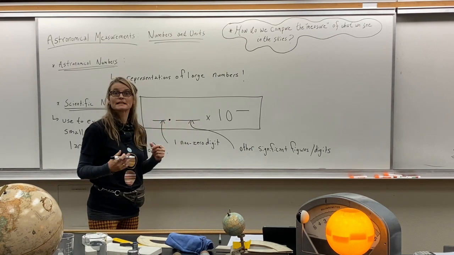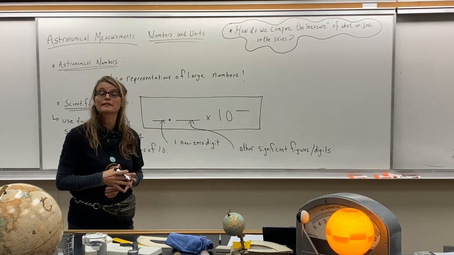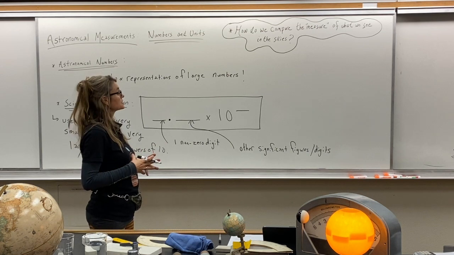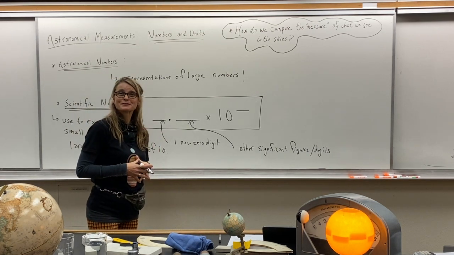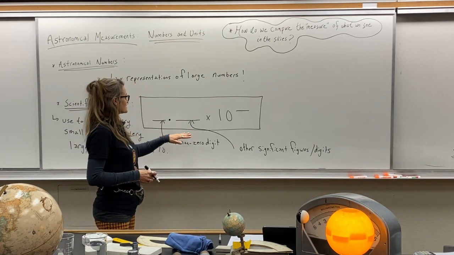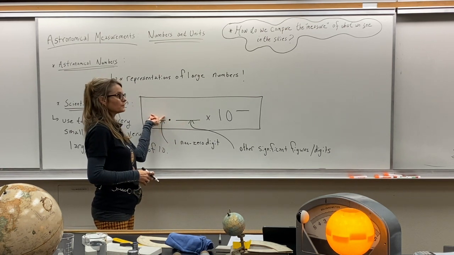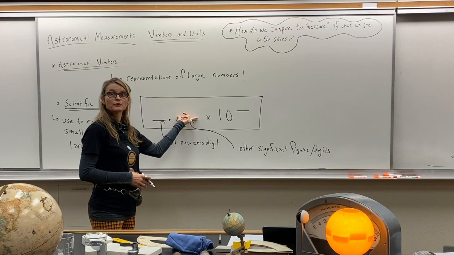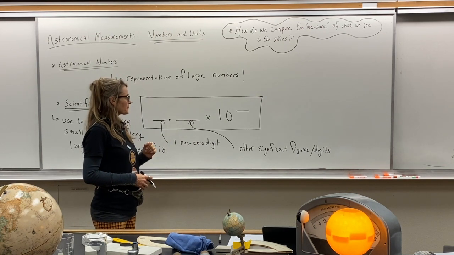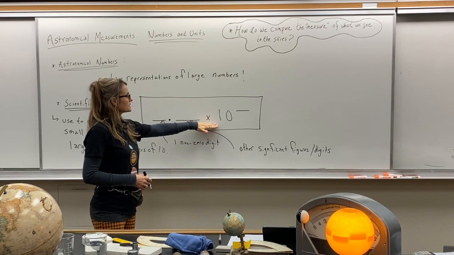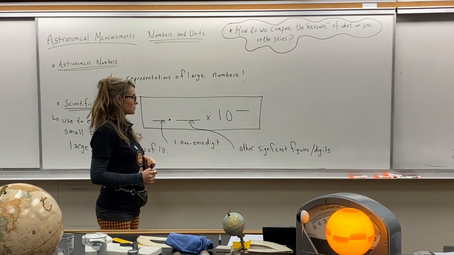So we call them significant figures depending upon how accurately they're measured. So that's another topic of trying to figure out what your significant figures are. So typically you'll see a number from 1 through 9 here, and then you'll see a few other digits here. But the important part for us is to understand how this times 10 to the factor works.